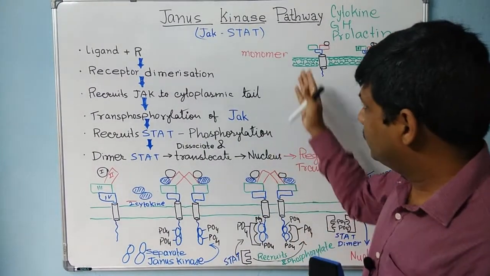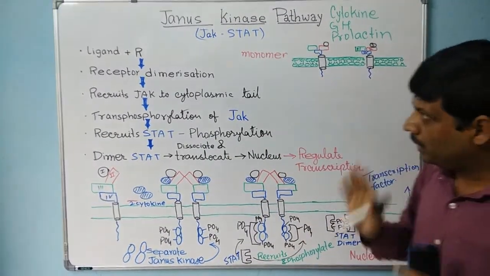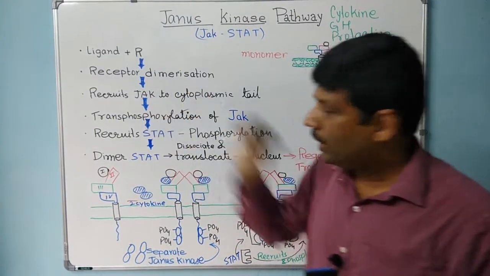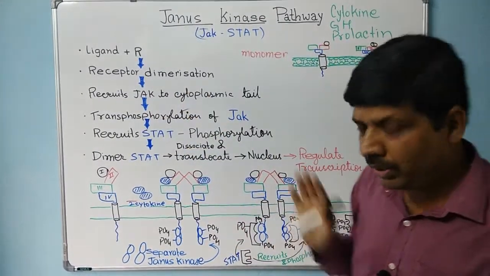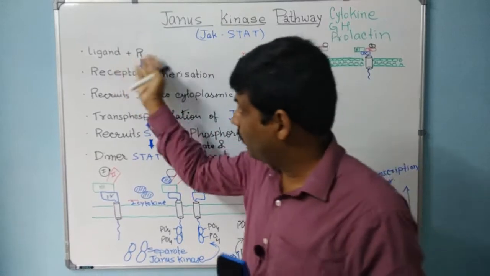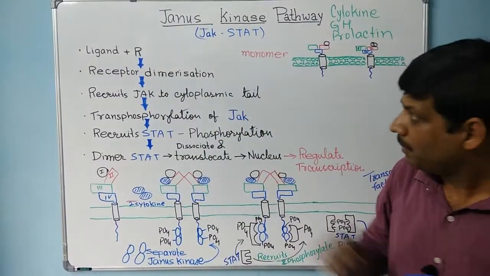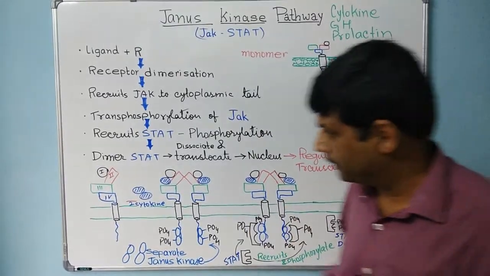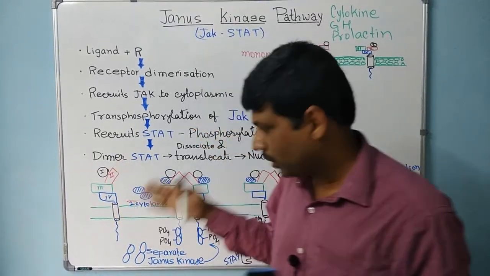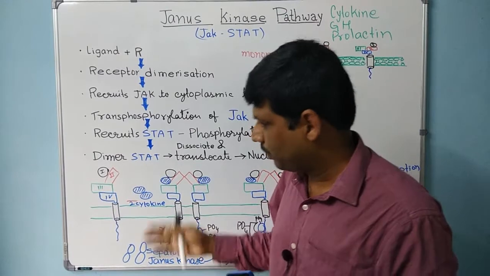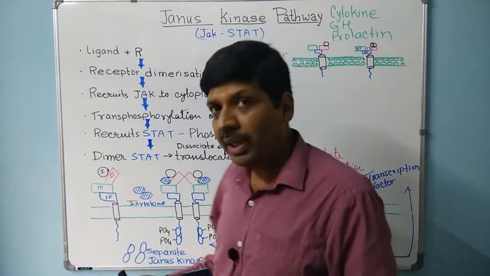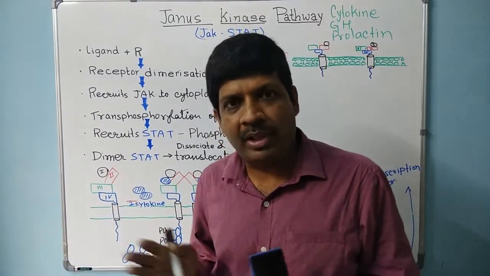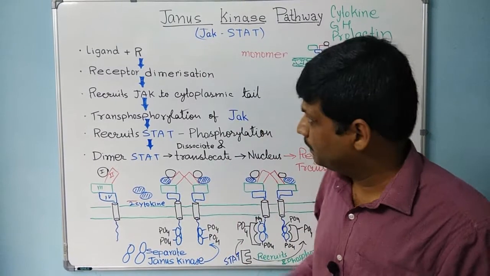Initially, as we know, the receptor exists as a monomer. Ligand would be there, and it can be any one of these. The ligand will bind with the receptor, the same as in tyrosine kinase. In this type of receptor, we have 4 subunits, 1, 2, 3, 4, the details of which I have already told in the previous video.